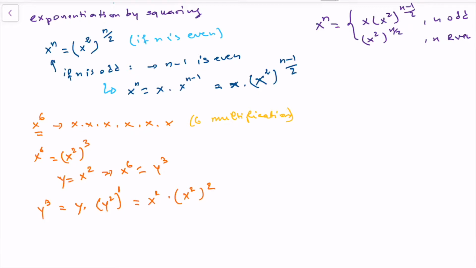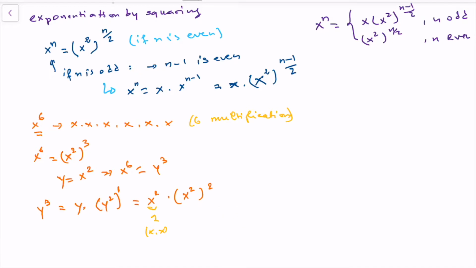And so here what we need to do is we compute this once, right? We compute x by x, so that's one multiplication, and then since we have the value here, we do one more computation to get x squared multiplied by x squared here, right?